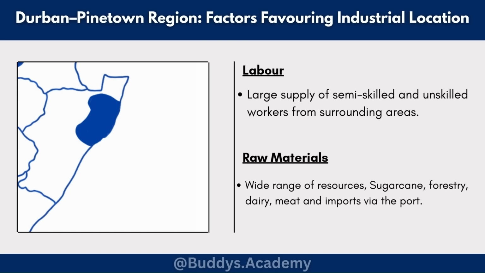In terms of labor, there's going to be a large supply of semi-skilled and unskilled workers from your surrounding areas. So now because there's going to be a large population, there's going to be plenty supply of workers. In terms of raw materials, we're going to have a wide range of resources. So things like sugarcane, forestry, dairy, meat, and your imports obviously via the port.